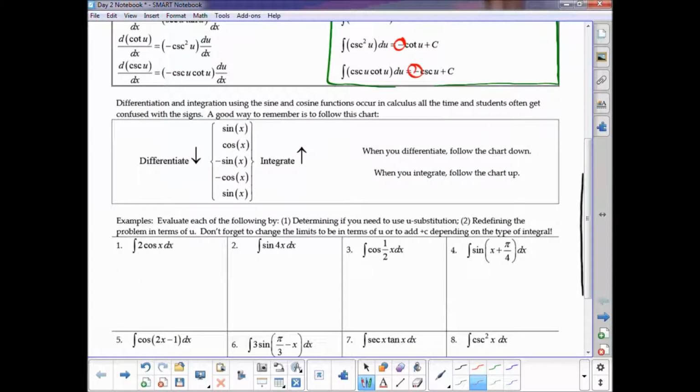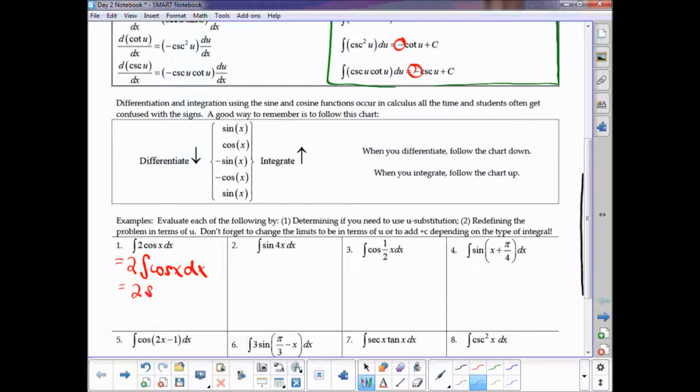Alright, so our first problem, again, same rules as far as our coefficients and constants go. So here I have a coefficient of 2. This is the same thing as just bringing that 2 out in front. Just like before, we can take any of those coefficients that are being multiplied and just bring them out in front. And what is the antiderivative of cosine?